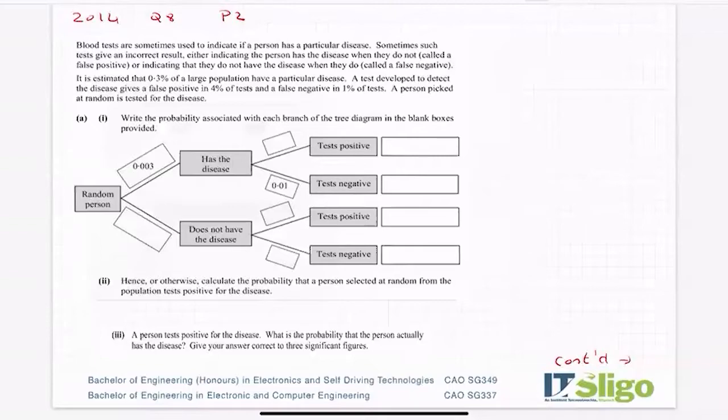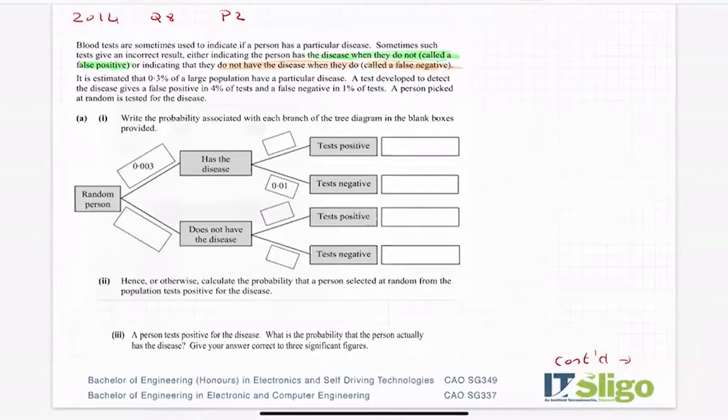Sometimes such tests give an incorrect result, either indicating a person has the disease when they do not, and we're calling that a false positive, or indicating they do not have the disease when they do, and that's called a false negative.